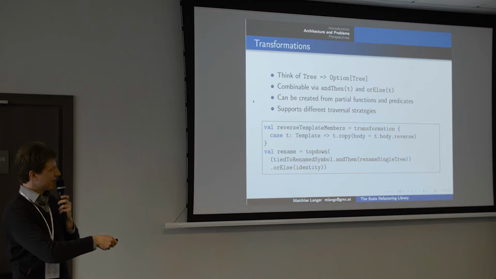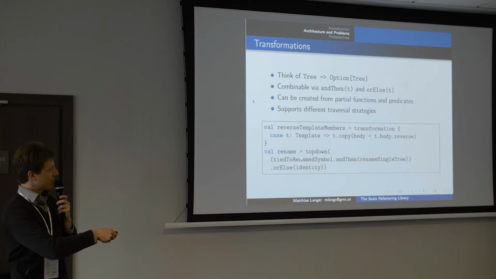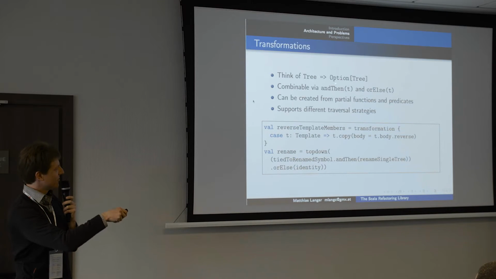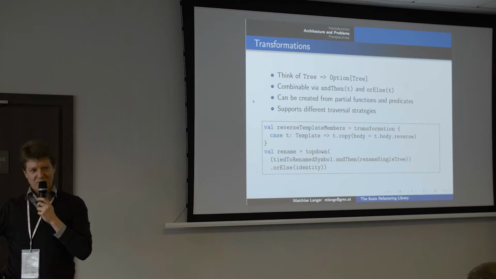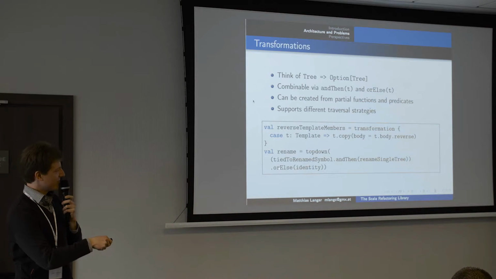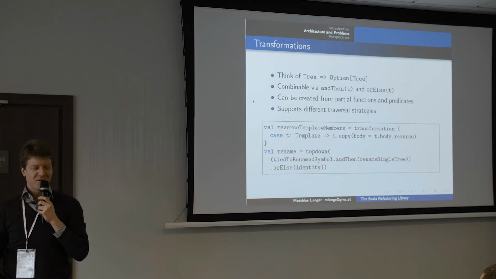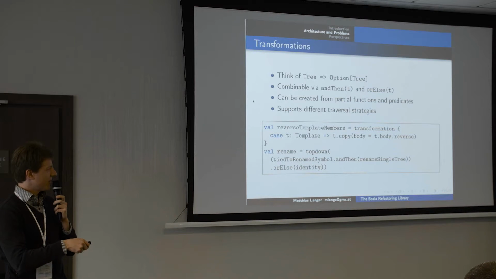And this operation then is combined with the actual renaming logic that happens in the rename single tree transformation. So now we have a transformation that renames all trees that should be renamed, but converts all other trees to none. And since we don't want to simply drop all other trees but keep them unmodified, this transformation is then combined via or else with the identity transformation, so that unrelated trees are not simply dropped but kept unmodified.